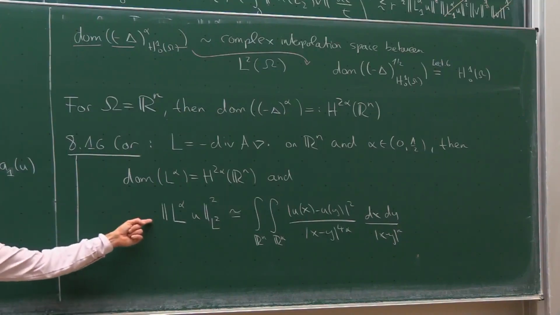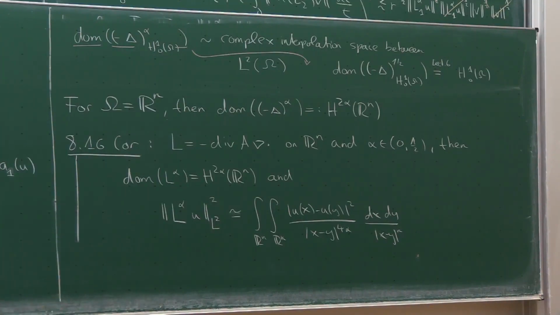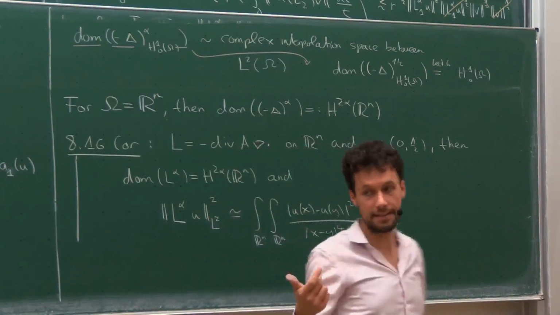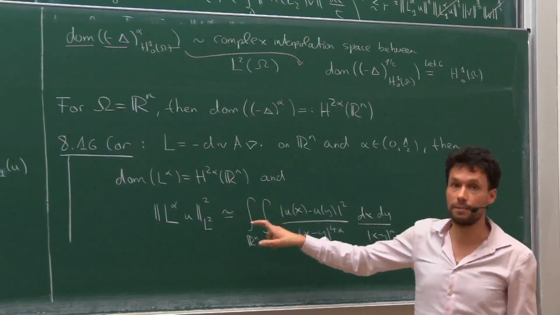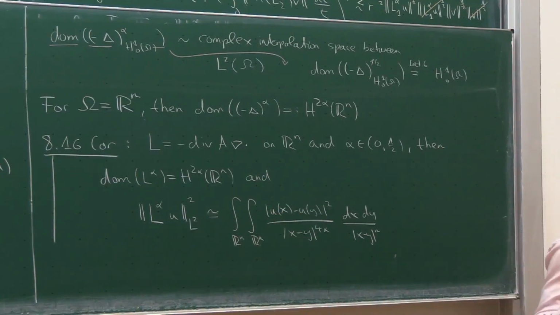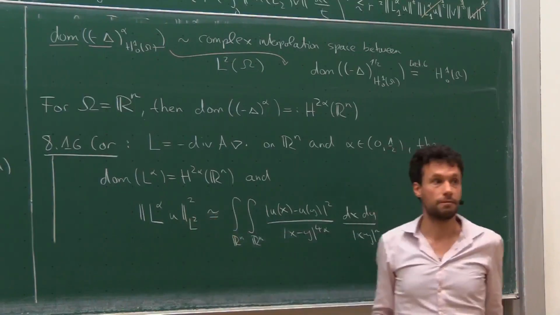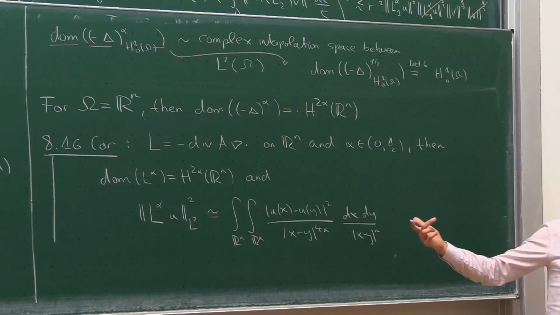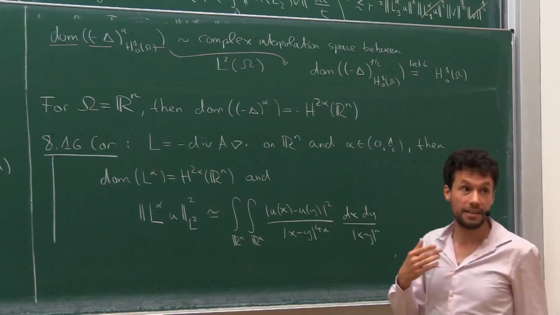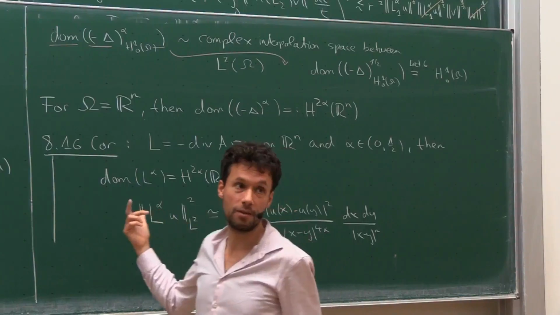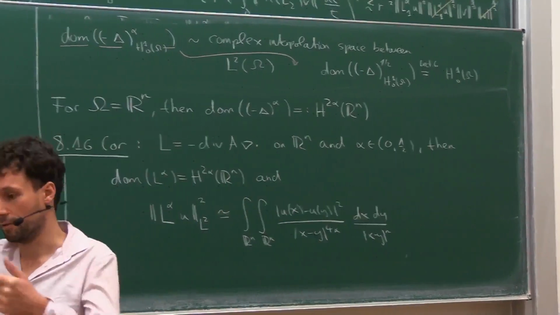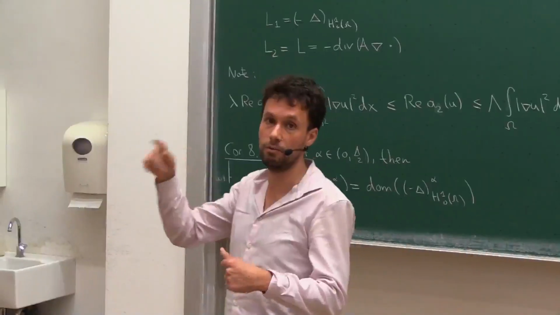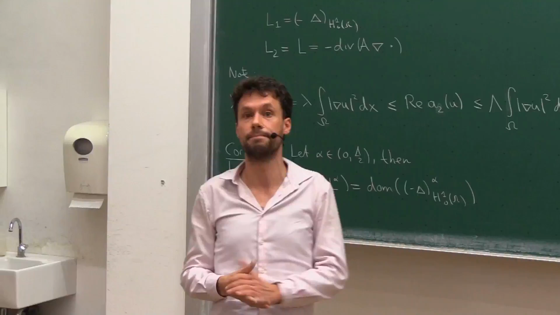We have extended the result from lecture 4 that was obtained by Fourier analysis, through the succession of all these results from lecture 5, 6, 7, and 8, to prove that we have the same type of L2 norm object describing what it means to be in the fractional power domain of this L. And this is truly remarkable because the techniques that we had in lecture 4 would fail at square one for any of these operators with just L infinity coefficients. So the whole thing that we did sort of rebuilt, in terms of this operator L, the whole Fourier machinery, and in the end we proved the same result.